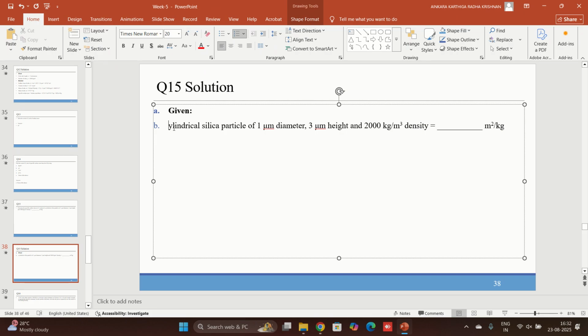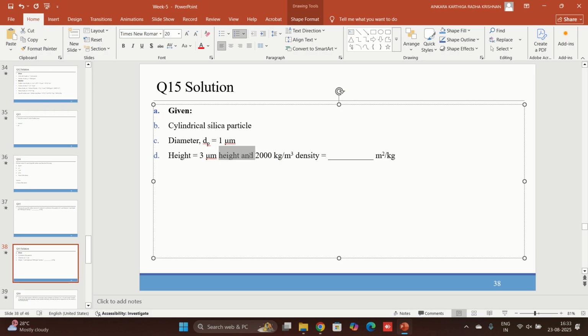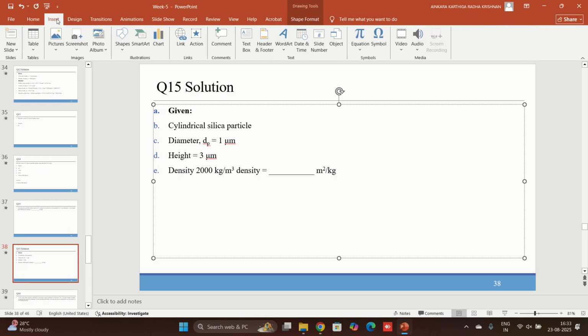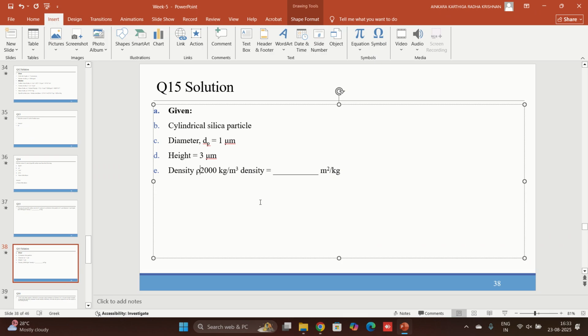So diameter is equal to 1 micrometer, height is equal to 3 micrometer, and density rho is equal to 1000 kg per meter cube.